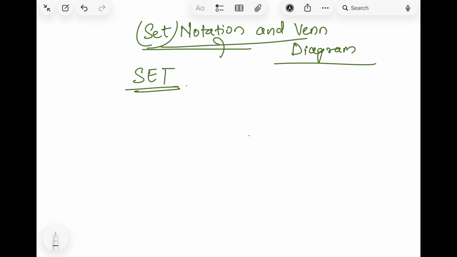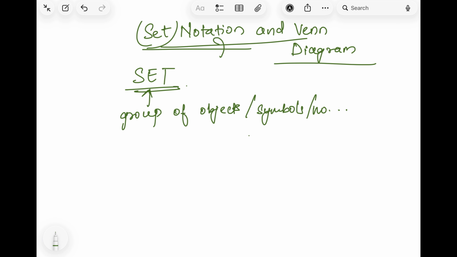Okay, so a set is a well-defined group of objects or symbols, or you may say numbers or anything, but it is a group of something. So it is a group of either objects or symbols, or you can say numbers, or so on.